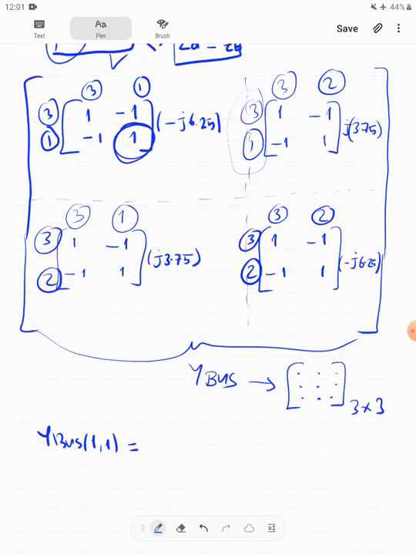Also, I am searching for any similar entry, 1, 1. As you see, I don't see any further elements whose row and column number are at the same time equal to 1. So Y bus 1, 1 must be minus j 6.25.